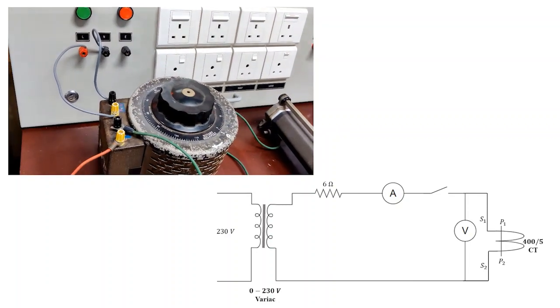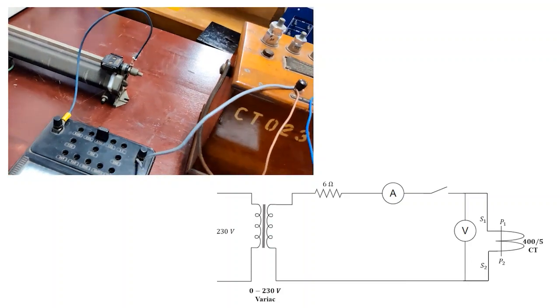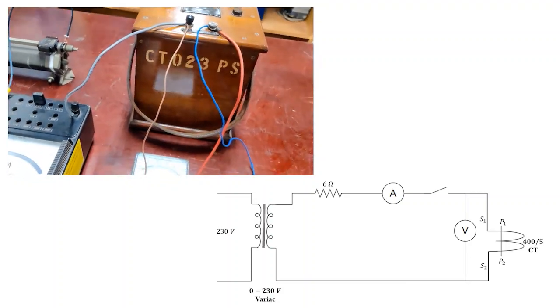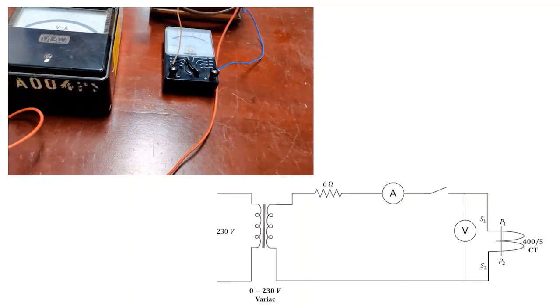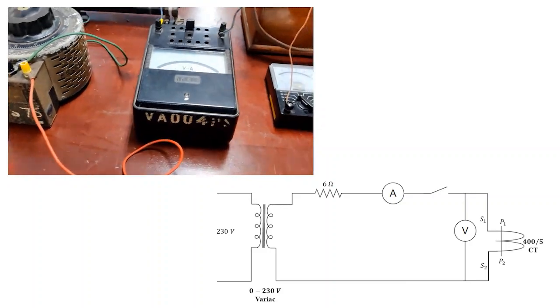Then the next part. Now we have connected the secondary terminals of the other type of CT instead of the ring type CT. The rest of the circuit is the same as shown in the circuit diagram.